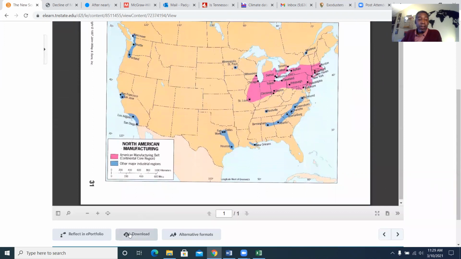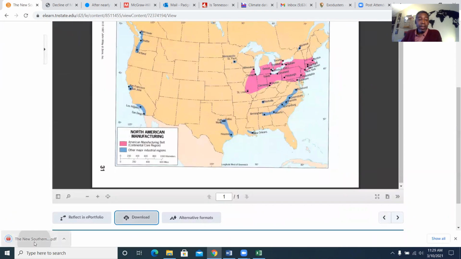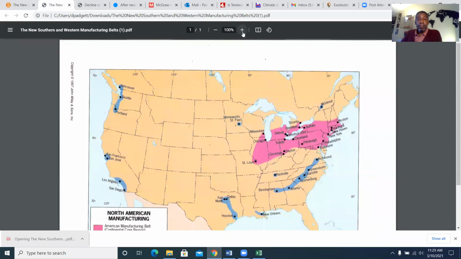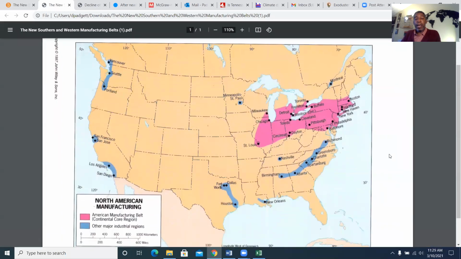The South had largely or historically been a region supported by agriculture. But as we came into the latter part of the 20th century into the 21st century, we started to see new manufacturing regions start to grow in Tennessee, in the Carolinas.